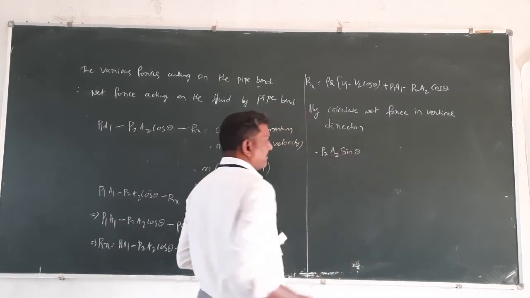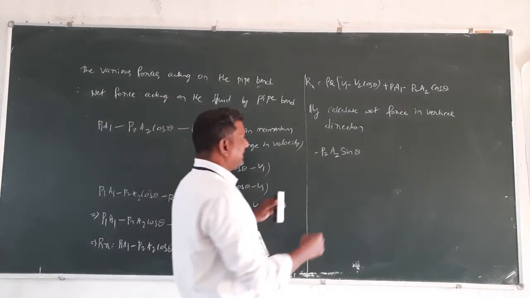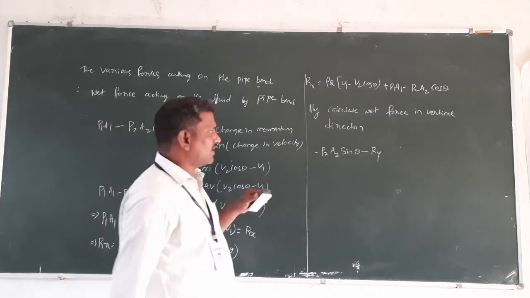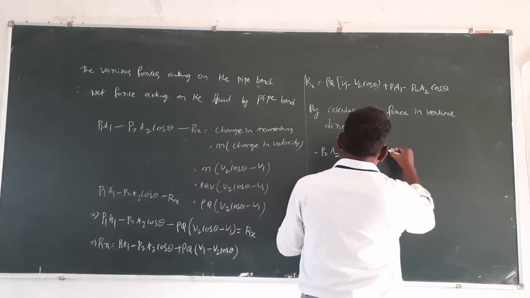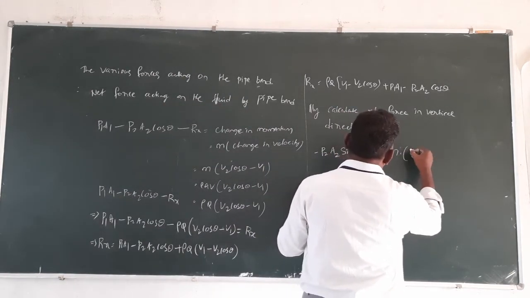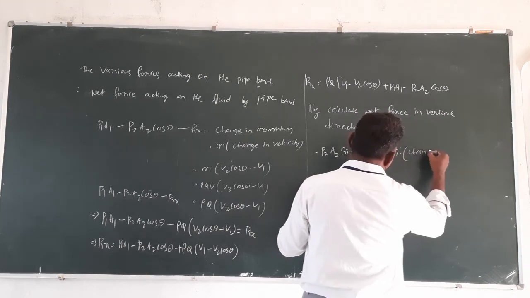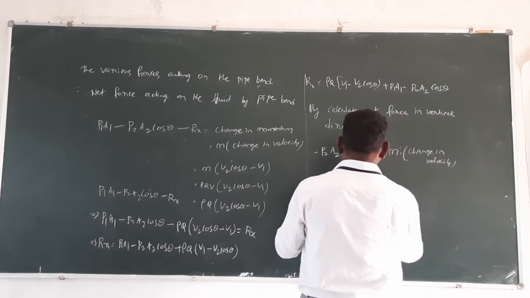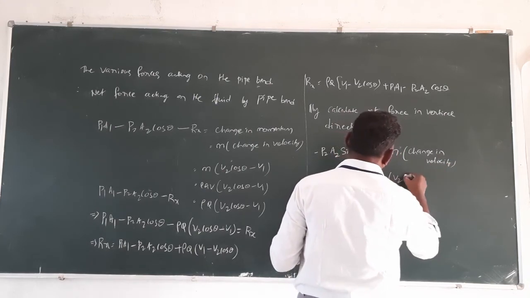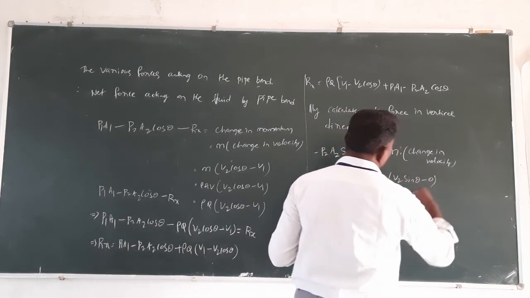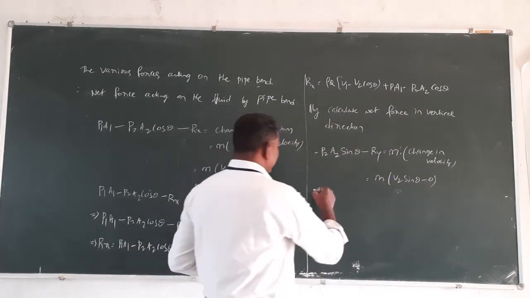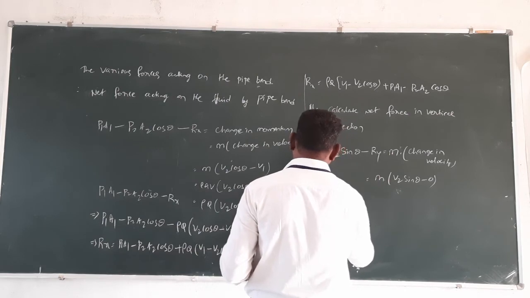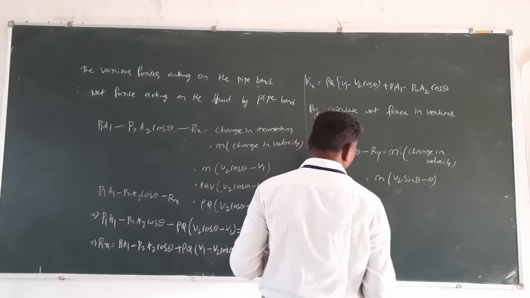This is also minus. And Ry, the reaction vertical component, is equal to m into change in velocity. This is equal to m into (V2 sin theta minus 0), since V1 vertical component is 0.